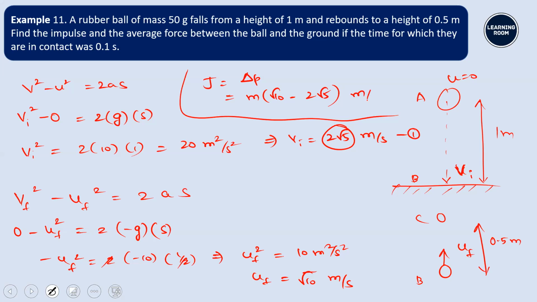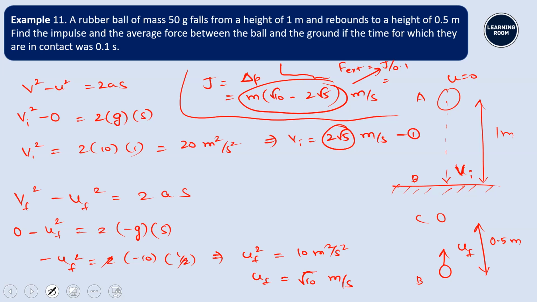So these many meter per second is going to be the impulse. So for you to calculate the average force, what am I supposed to do? Average force will be equal to impulse divided by 0.1 second. So take this value, substitute it here and divide it by 0.1. That will give you 15 required newtons. Is the point clear? Make a note of this.